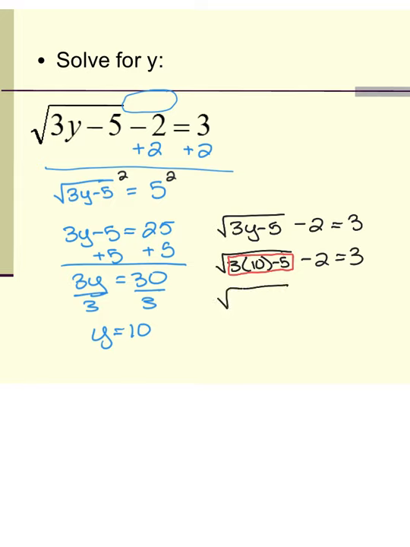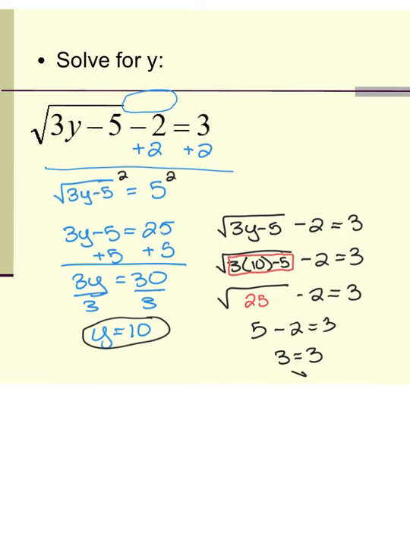You get 30 minus 5, which is 25. The square root of 25 is 5. Again, if I do my math, this becomes a valid statement, so this is a valid or a good answer.